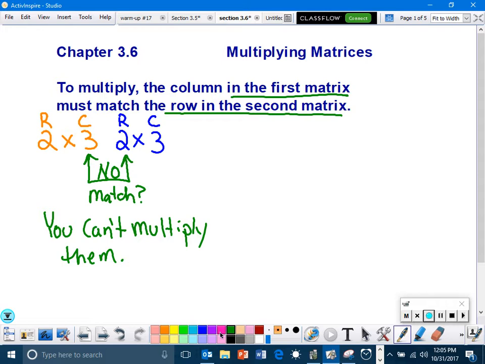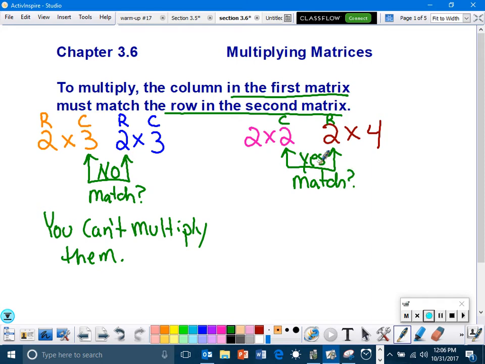Now, if I have another one, let me put 2 more up there. All right, so let's say that I have a 2 by 2 and I have a 2 by 4. So again, I look at the column and the row, and in this case, do they match?